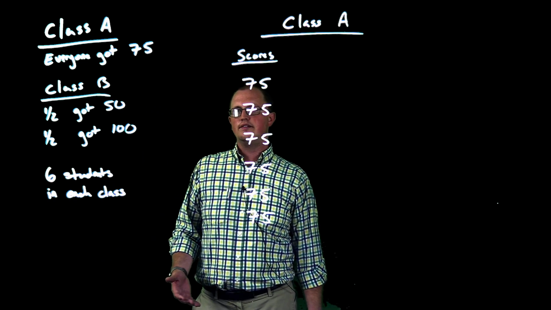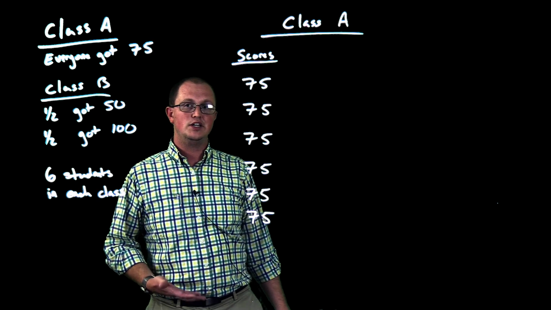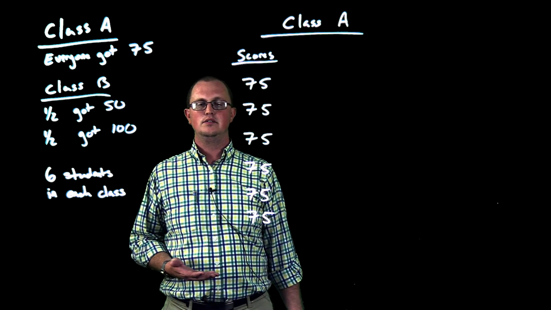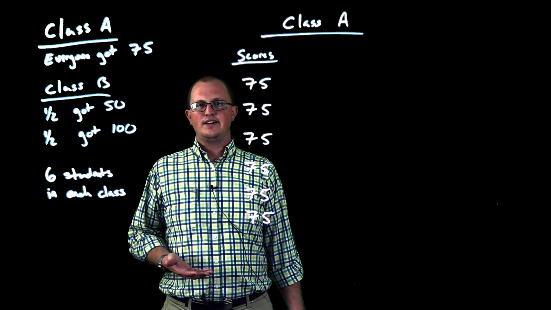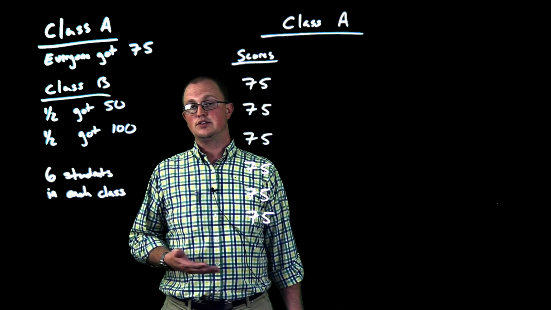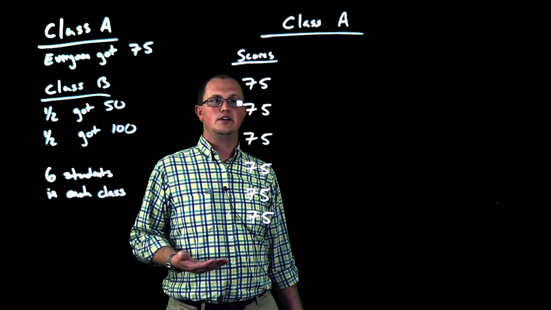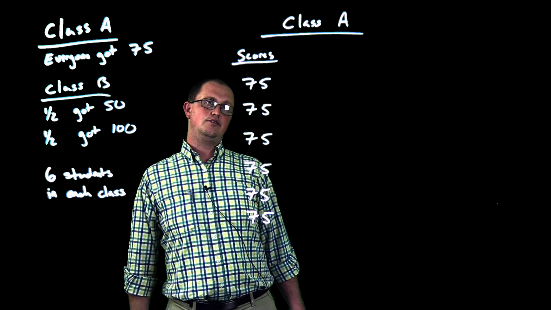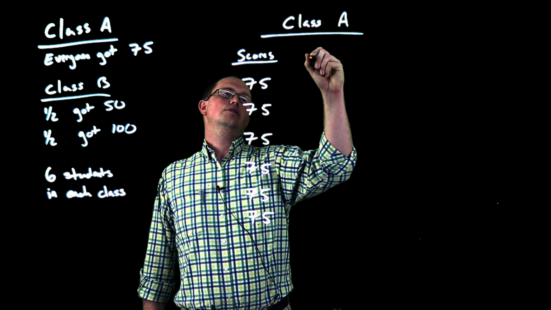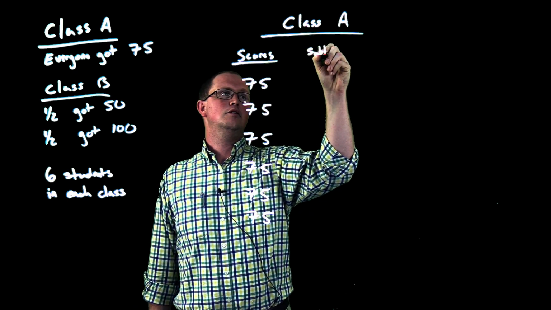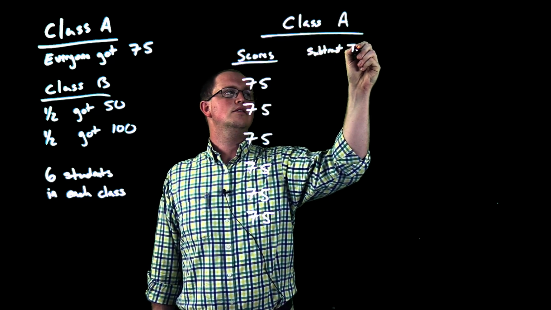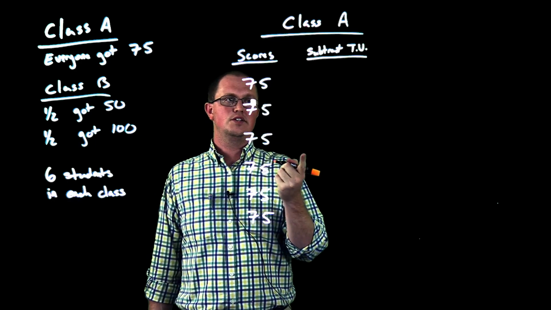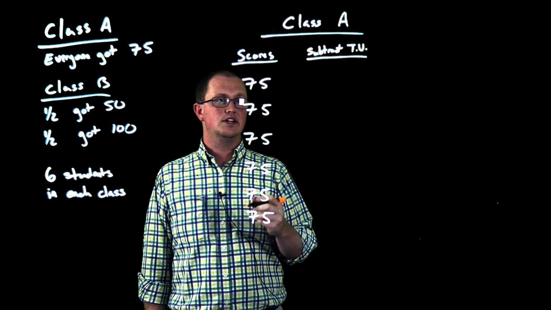And so one way of answering how do we measure variability is this idea of whenever we find a typical value, does the data in the data set stay near that typical value? Or is it all over the place? So maybe we can address variability as what happens if I subtract away a typical value from each of these scores. If I subtract the typical value, call that the TV, then each one of these, our typical value was a 75, that was the class average, would be 0.